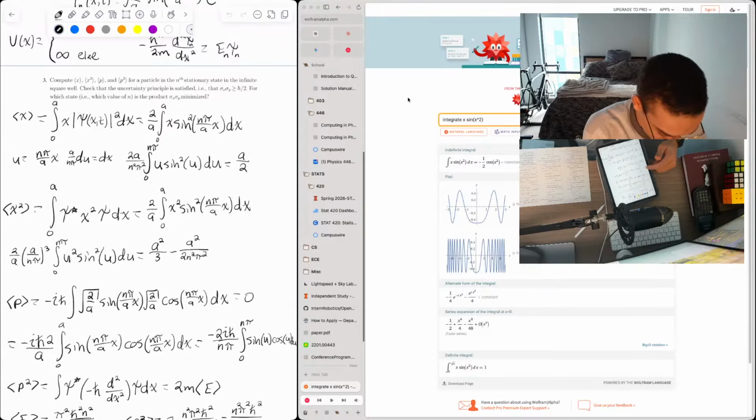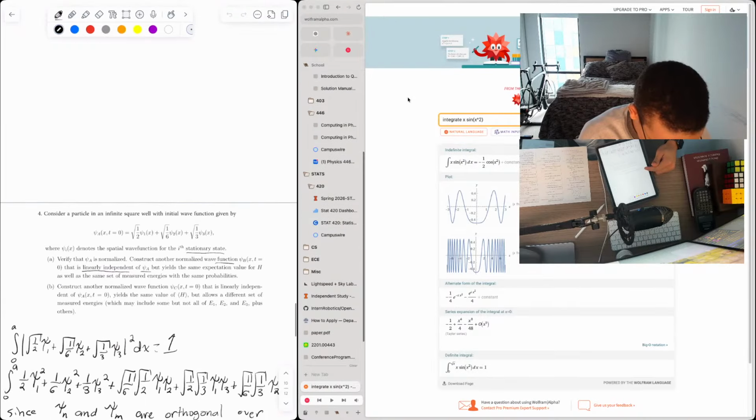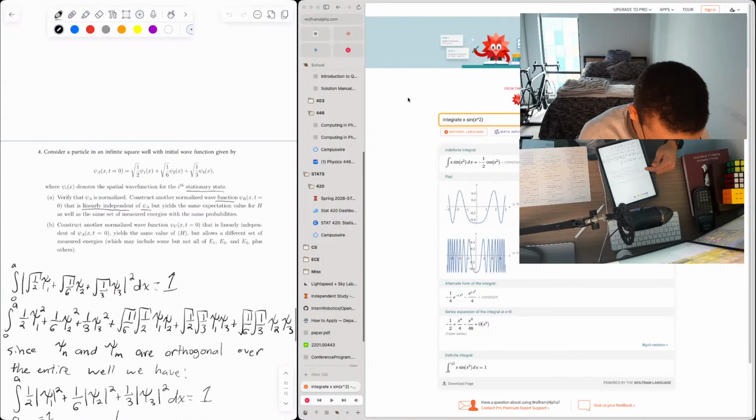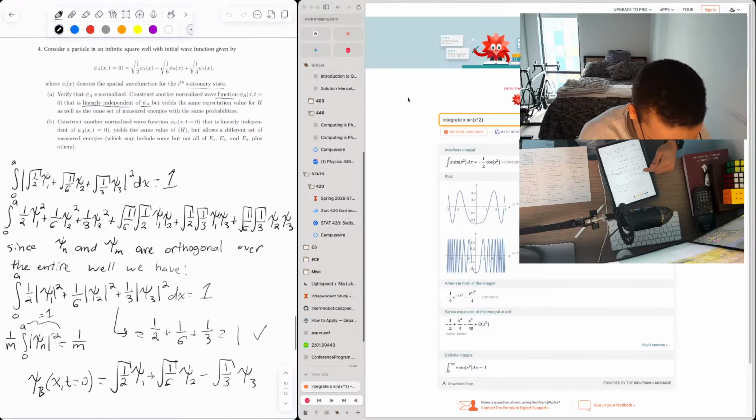Okay. Oh, linearly independent. Yeah, just change the sign of one of them. It has the same energy, just change the sign.